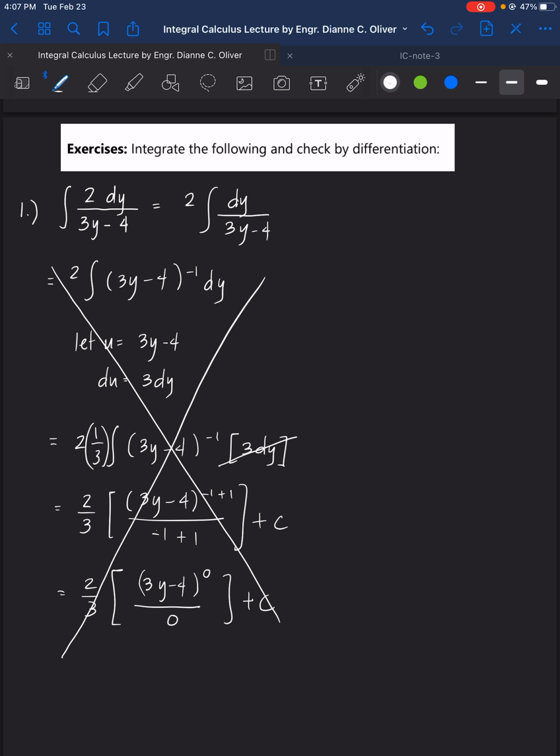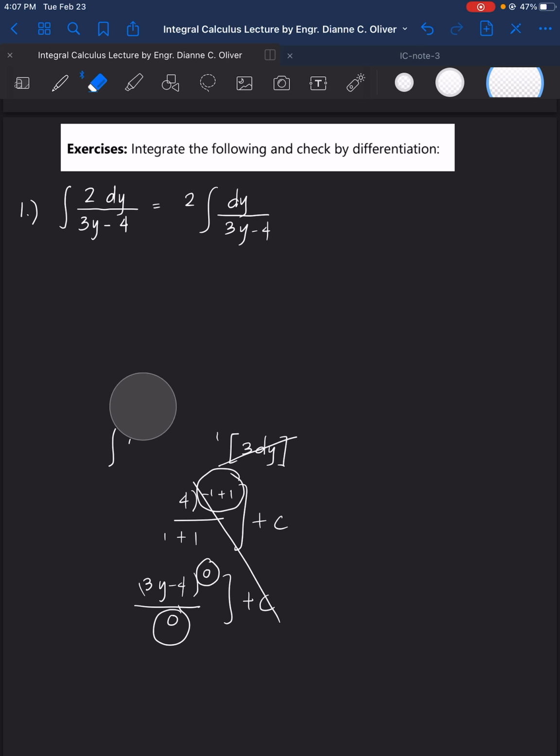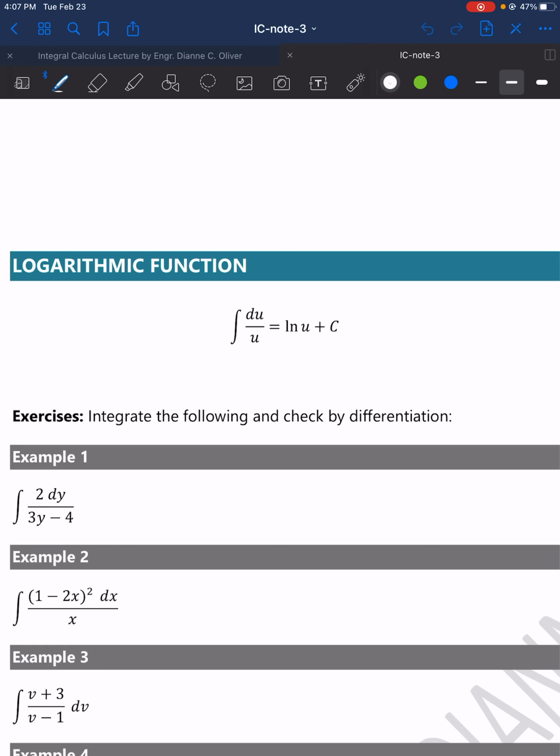And we need to take note that the reason is if the denominator has a power of 1, if you put it in the numerator, it becomes negative 1, and later on, it will be added with 1. The answer will be 0 always. So that's why it is good to note that if the power of the denominator is 1, then it is time to use the logarithmic function.